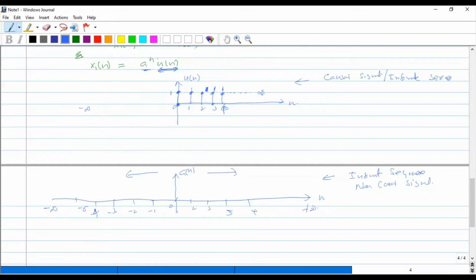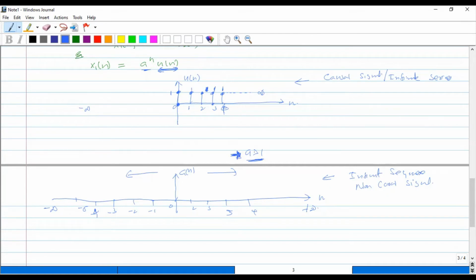We don't know this a. We only know that a is a real value, but we don't have an idea about a. Let's say that a is greater than 1. This is not important for our question, but if we are drawing the signal it will be important.